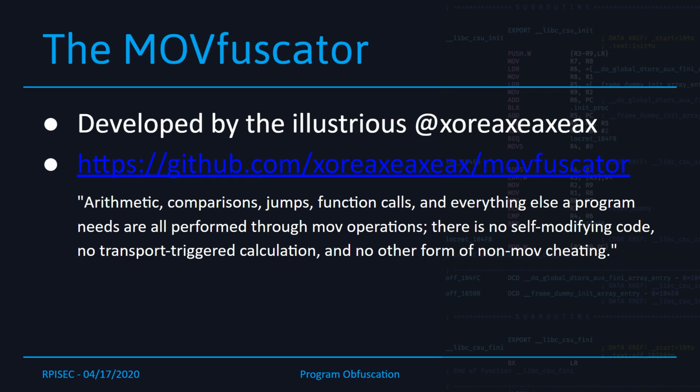You can check it out on GitHub at the link. And I'll just quote the README. Arithmetic, comparisons, jumps, function calls, and everything else a program needs are all performed through move operations. There's no self-modifying code, no transport triggered calculation, and no other form of non-move cheating. This will generate programs that are literally nothing but move.